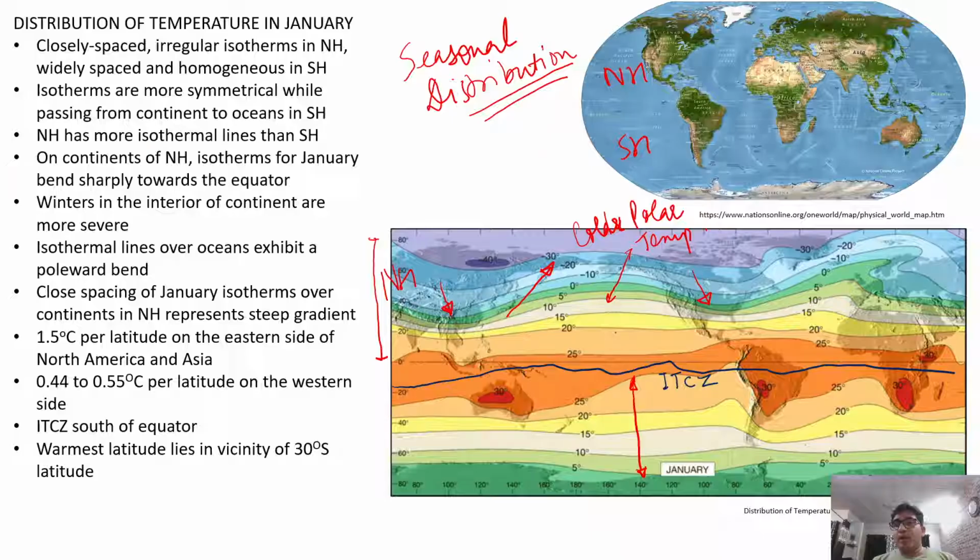So the ITCZ lies south of equator during the months of January, and the warmest latitude lies close to 30 degrees south latitude. I hope you all remember that during January, due to the tilt of the earth, the northern hemisphere is pointing away from the solar impact. Therefore, the warmest latitude becomes 30 degrees south.